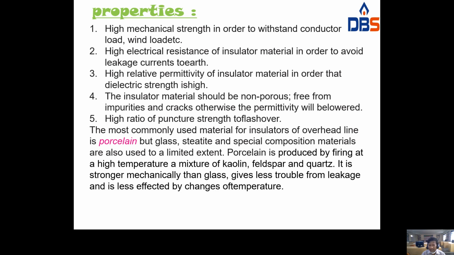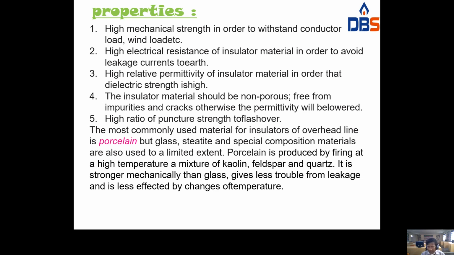Porcelain is produced by firing a mixture of kaolin, feldspar and quartz at a high temperature. It is stronger mechanically than glass because of all these things.